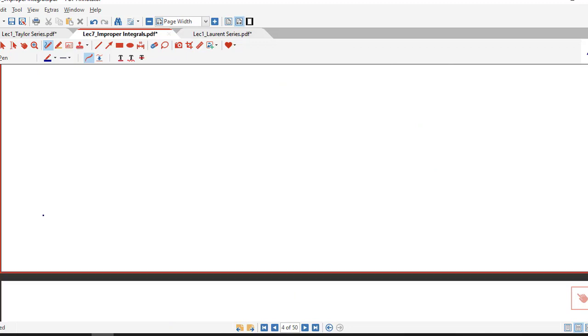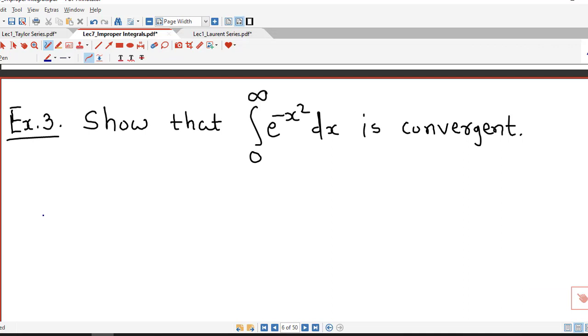So next example is: show that integral from 0 to infinity e raised to minus x square dx is convergent. In the earlier example we had limits from 1 to infinity and the function is same. Here also the function is same but limits are from 0 to infinity.